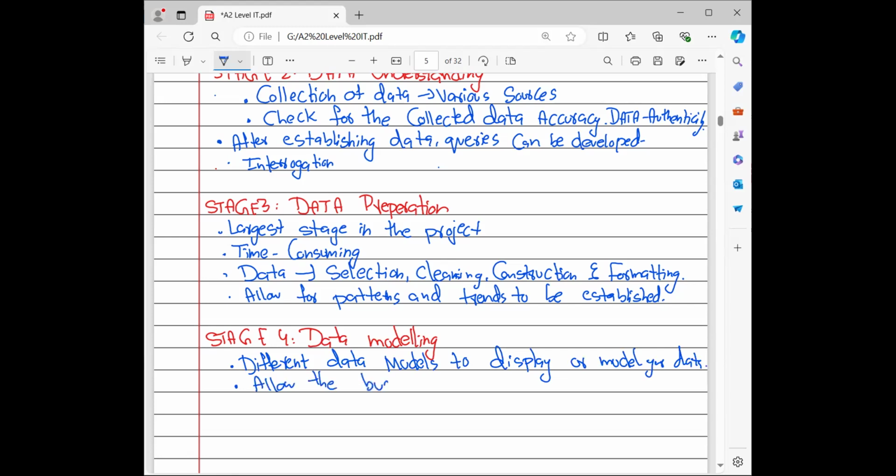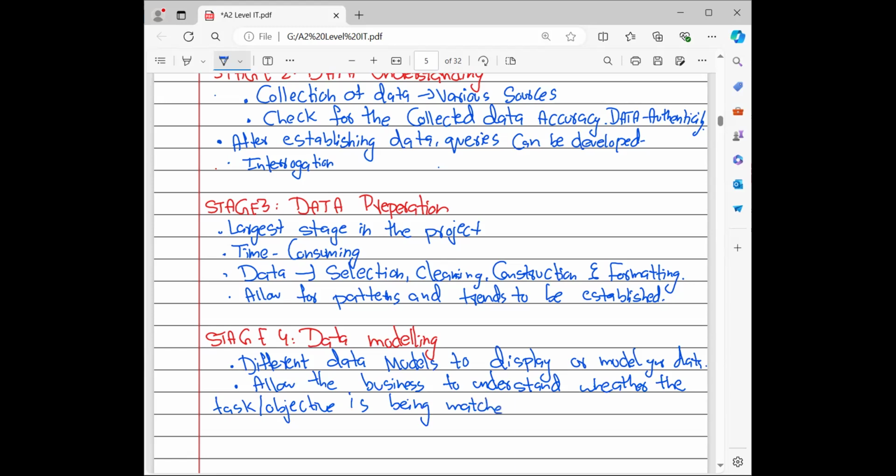This is the stage which is going to allow the business to understand whether the task or objective is being matched or not.